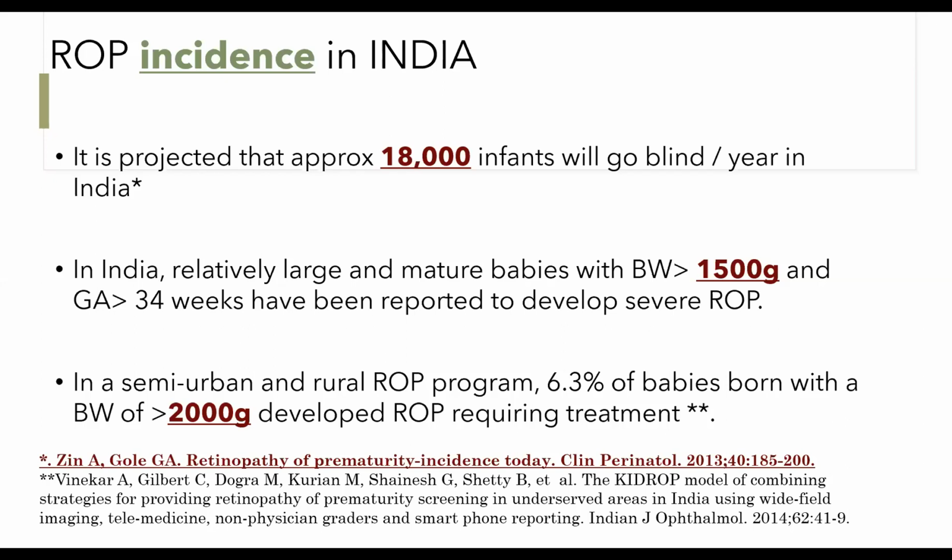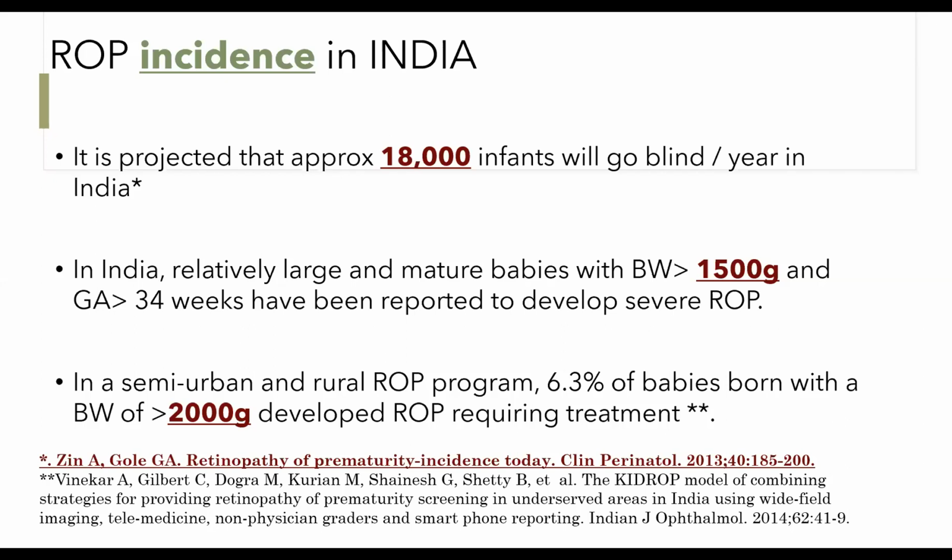The Western guidelines screen babies who are less than 1500 grams at birth, or whose gestational age is less than 32 weeks. But if you follow the same guidelines in India, we are going to miss many babies. According to one paper, almost 6.3% of the babies who were even more than 2 kg required treatment in the rural ROP program. So we have different guidelines for Indian society.